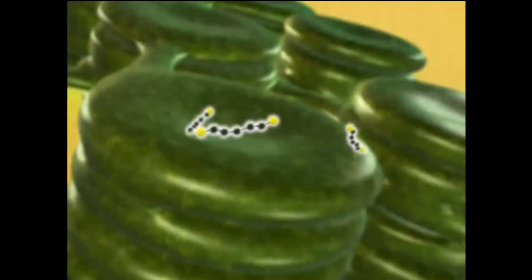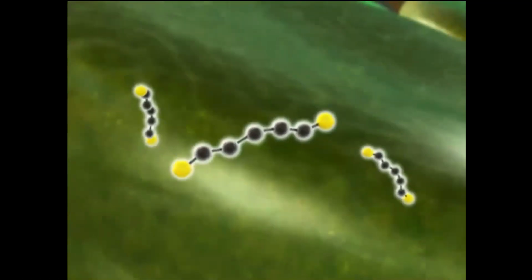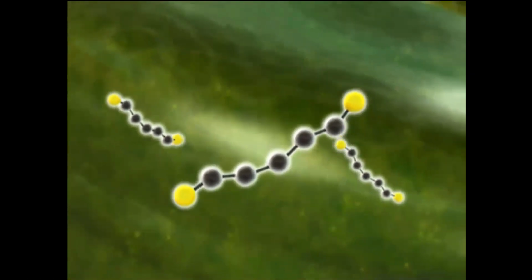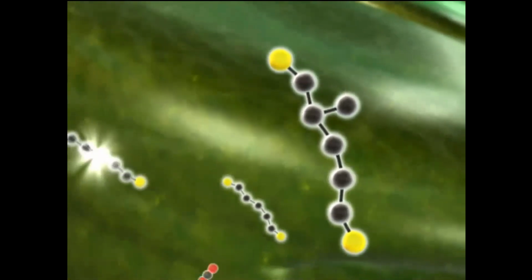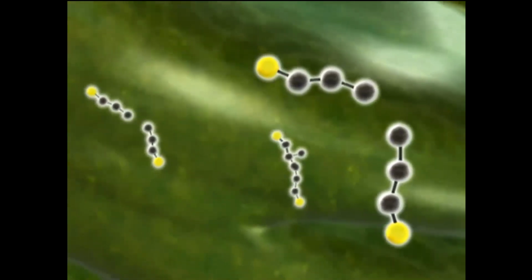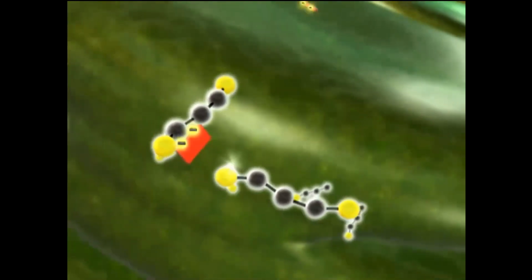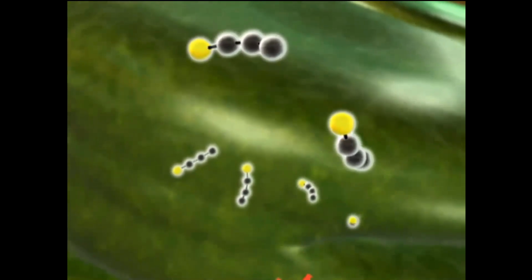The Calvin cycle takes place outside the thylakoids in the stroma, the thick fluid of the chloroplast. At the beginning of the cycle, carbon dioxide molecules combine with molecules called RuBP. The resulting molecules go through a series of reactions powered by ATP and NADPH from the light reactions. Sugar molecules known as G3Ps are produced.